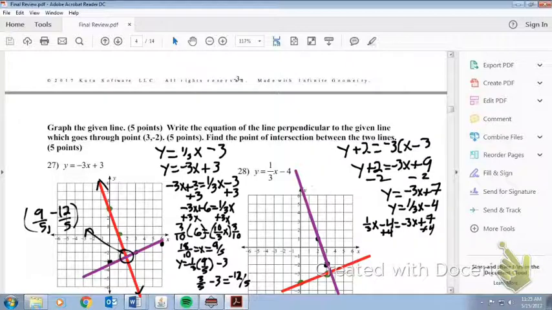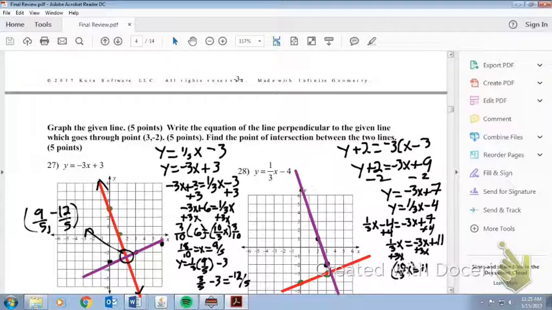So we get 1/3 x equals negative 3x plus 11. We're now going to add 3x to both sides. Again, 3x turns into 9/3. So we get 10/3 x equals 11.